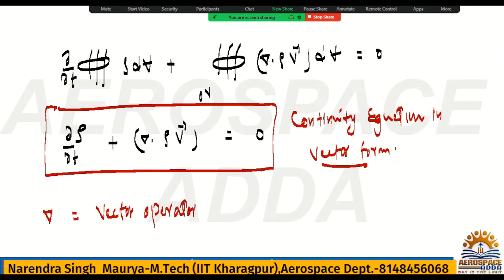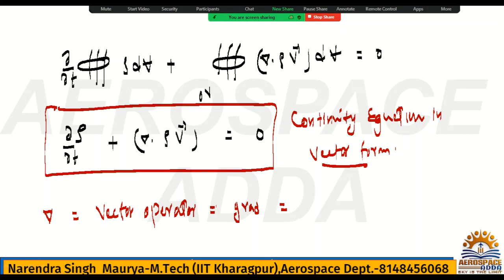Because this operator, if it is with a vector quantity with dot product, then it will be called a grad. Okay, just write the operator.